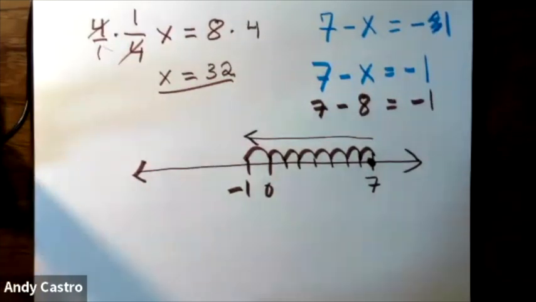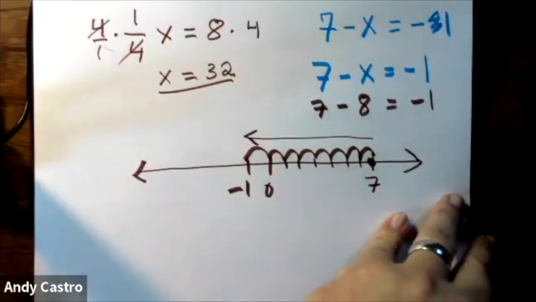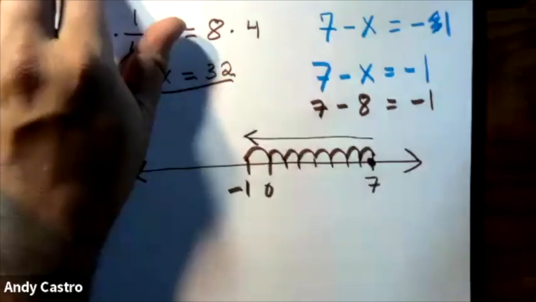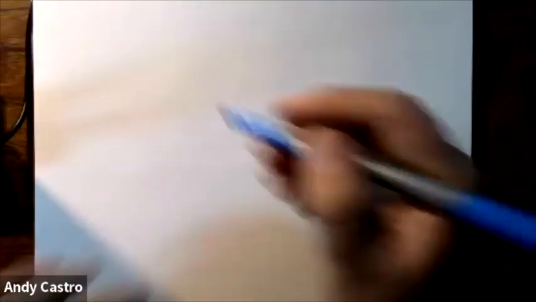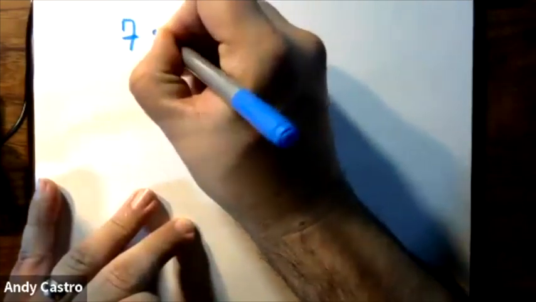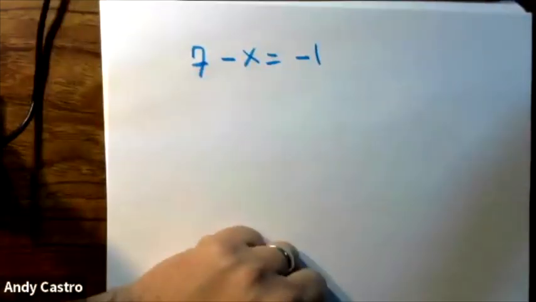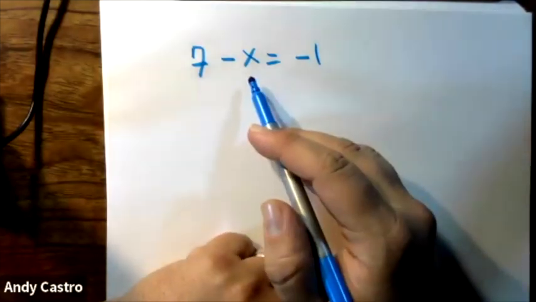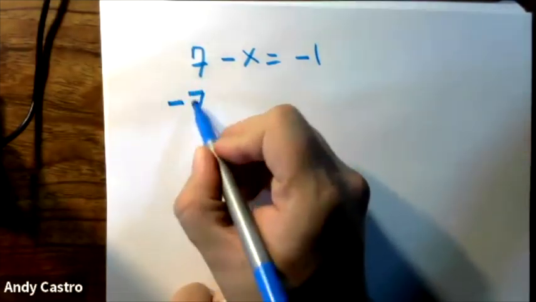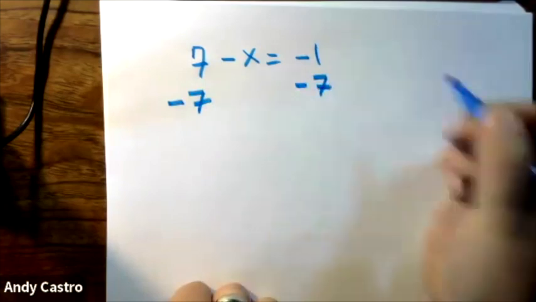The other way that I can solve this, using the rules that I just taught you: 7 minus x is equal to -1. We're going to try to get x by itself. So I am going to subtract 7 from both sides.